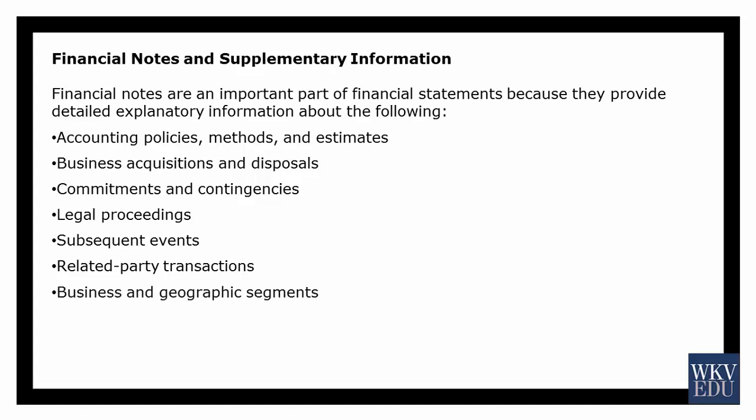Business and geographic segments and financial instruments and risks arising from them. For example, if a company is involved in global transactions, it has an important risk, that is the currency risk. So whether or not it is using derivatives, and if it is using derivatives, what are the risks arising from derivatives? If it is involved in a swap, an equity swap or a total return swap, what happens if his payment is negative?